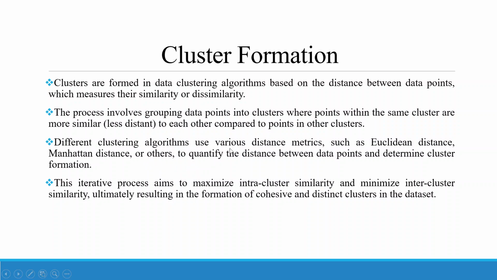Different clustering algorithms use various distance metrics, such as Euclidean distance, Manhattan distance, or others to quantify the distance between the data points and determine cluster formation. This iterative process aims to maximize intra-cluster similarity and minimize inter-cluster similarity, ultimately resulting in the formation of cohesive and distinct clusters in the dataset.